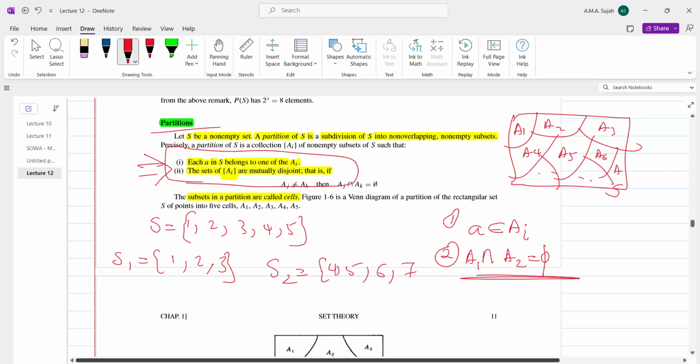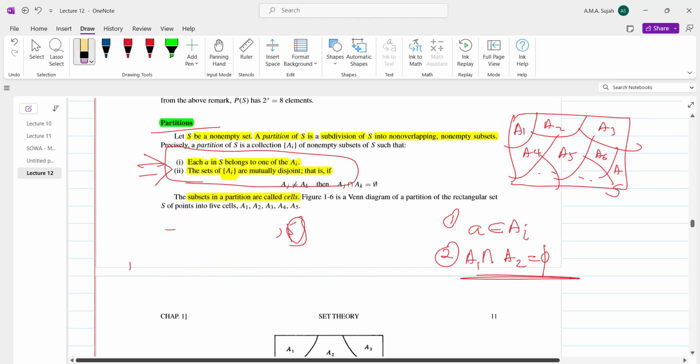Now just look here. Okay, what do you think now? S has 5 elements, but you have only 2 partitions, right? The important thing is that all the elements belong to at least one of the partitions. But not here. The 5 does not belong to any partition, right? If you have more partitions, then check all the elements. So you need to check these two conditions. What is the first condition?